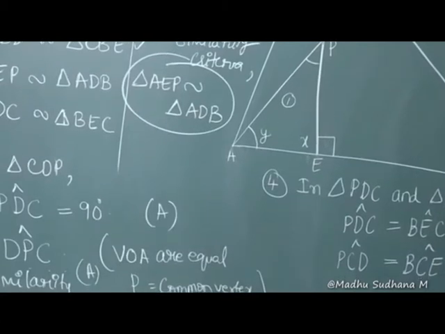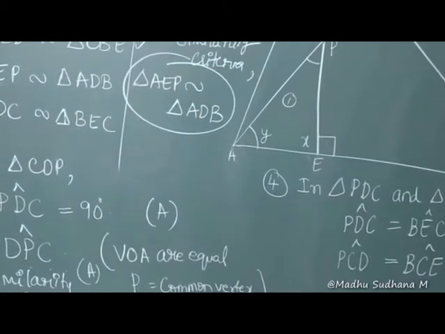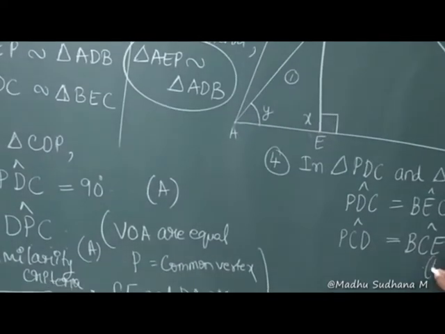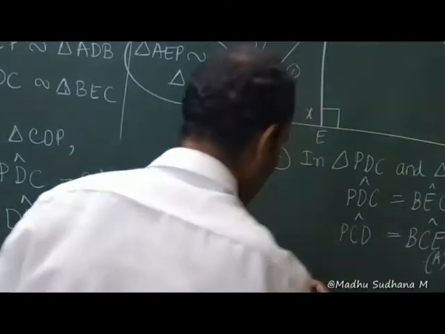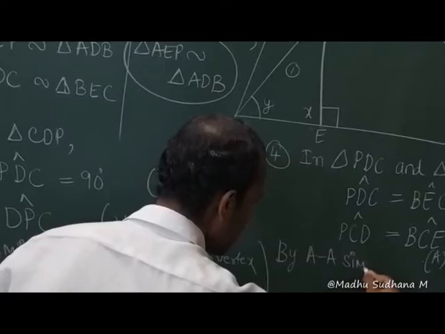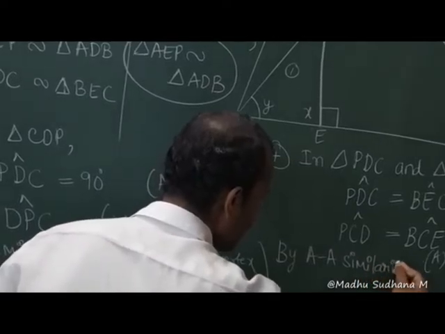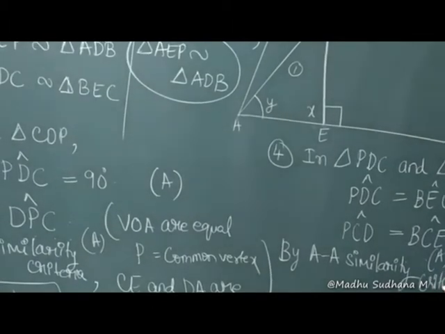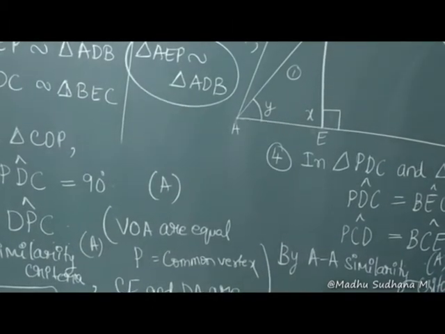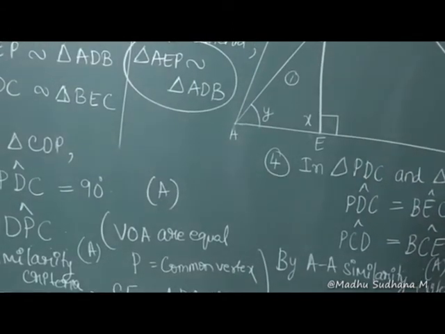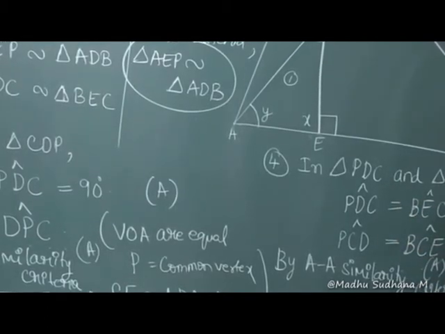So this is your common angle C. Followed it? So this is also one angle here. So finally I can write by AA similarity criteria, I can say that these two triangles, triangle PDC is similar to triangle BEC.